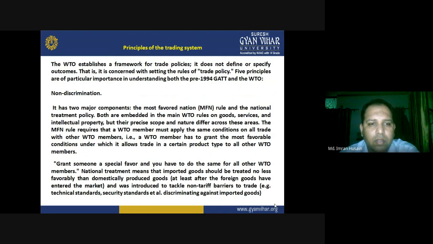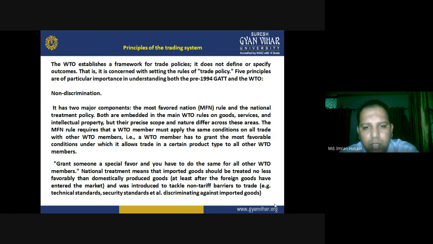The MFN rule requires that WTO members must apply the same conditions on all trade with other WTO members. That is, a WTO member has to grant the most favorable conditions under which it allows trade in a certain product type to all other WTO members. Grant someone a special favor, and you have to do the same for all other WTO members.